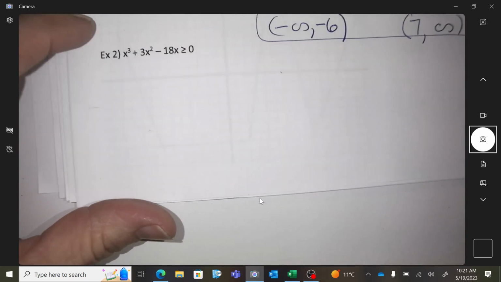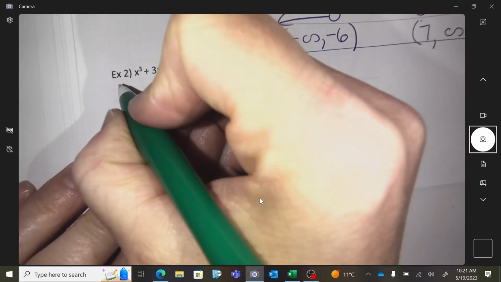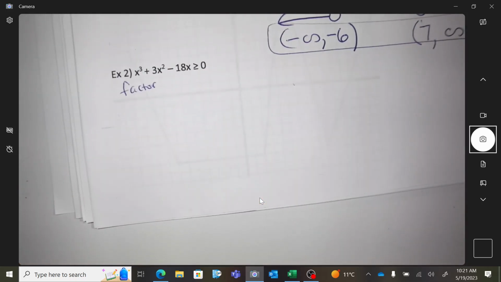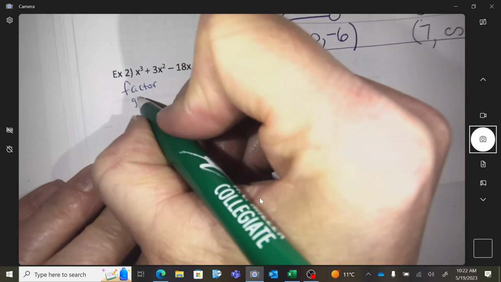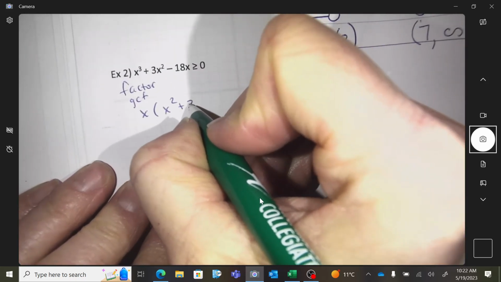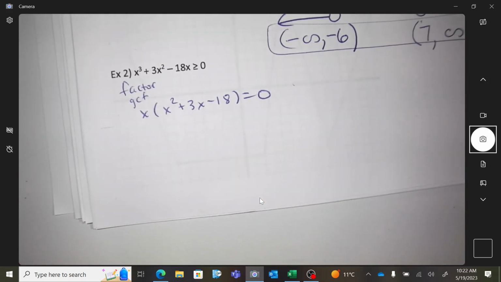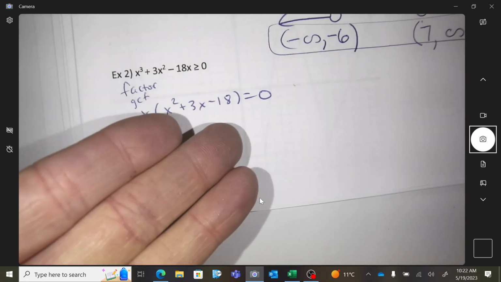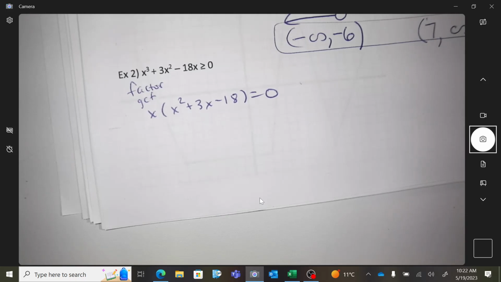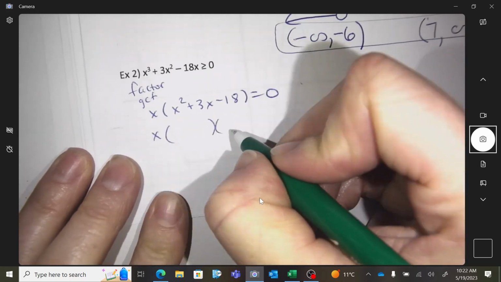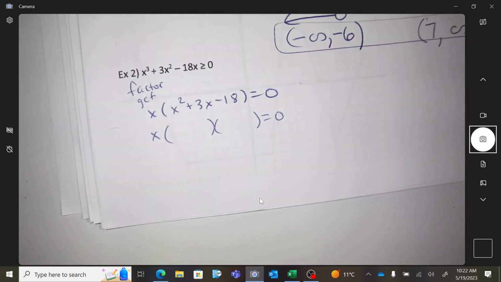Okay, the next one. So figure out where it equals 0. So I'm going to factor. What style do you have here? Got all your styles? You always got to process this. GCF. I'm going to take an X out. I'm actually just going to figure out where it equals 0. I know that's not what the question is saying, but that's what I'll first figure out. Then you need to keep that X along, right? I get that mistake where people just forget it.